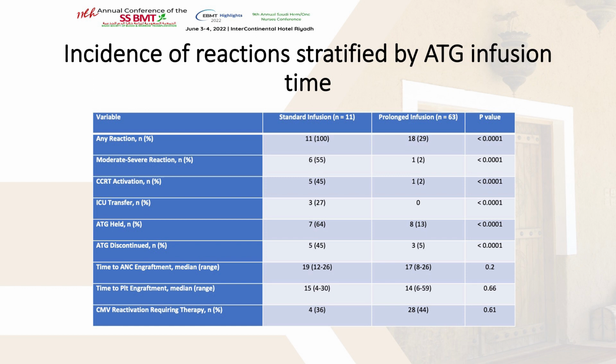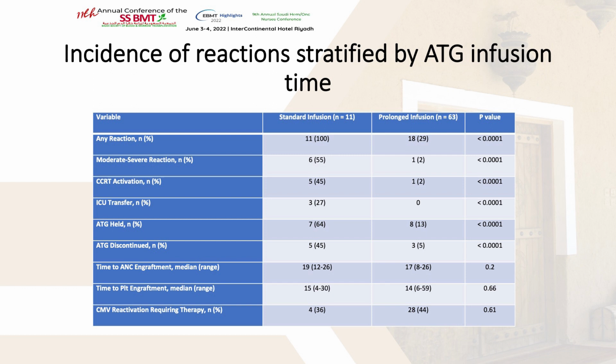Moderate to severe reaction in standard infusion time was 6 from 11, which means 55%. But in the prolonged infusion, we have only 1 patient, which is 2%. CRRT activation: 5 patients activated CRRT, but in the prolonged infusion, it was only 1 patient, the same patient who had a moderate to severe reaction.